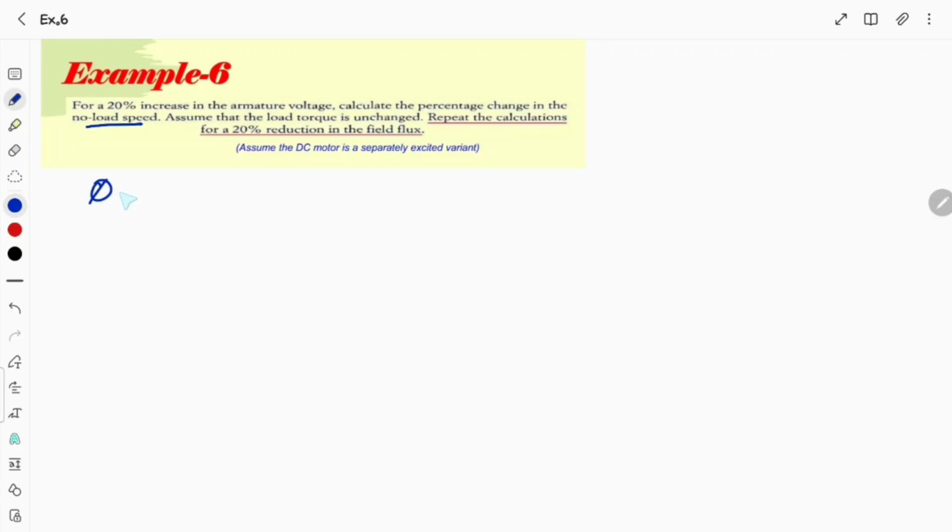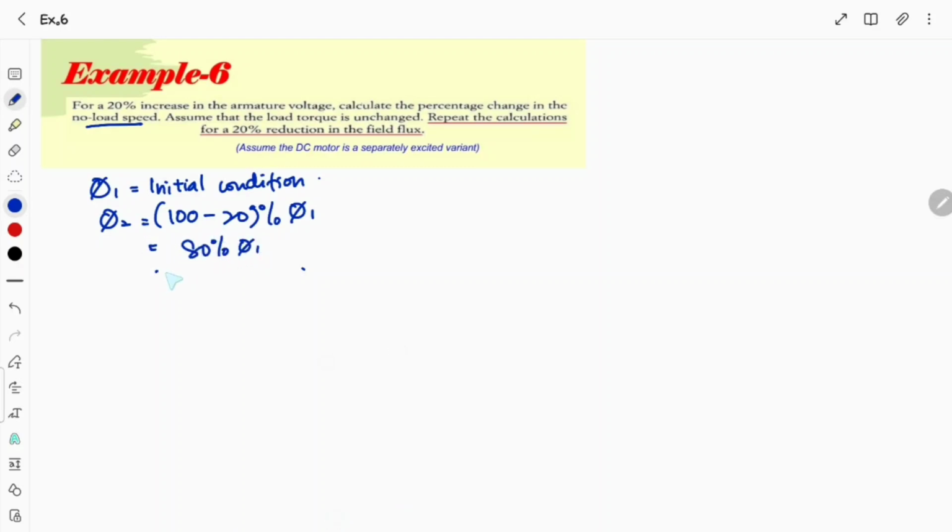Therefore, let's say flux 1 is the initial condition, and flux 2 is the 20% reduction in the field flux. So 100 minus 20% from flux 1. Your flux 2 is actually 80% of flux 1, or you might write it as 0.8 flux 1.